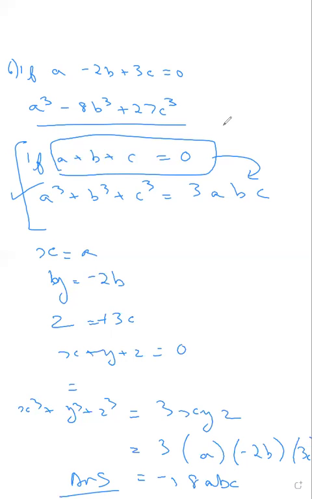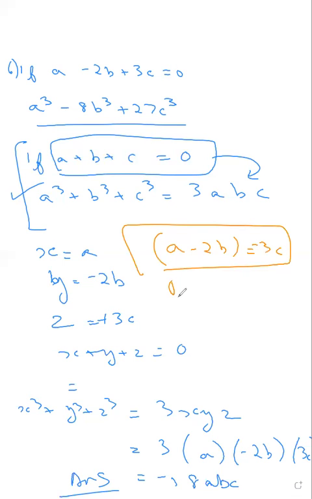Aryan, Paki, understand the method you both used. Aryan, pay attention here. The method you were using, where I take a minus 2b is equal to -3c, is used only if I tell you to prove that a cubed minus 8b cubed plus 27c cubed is equal to 0.